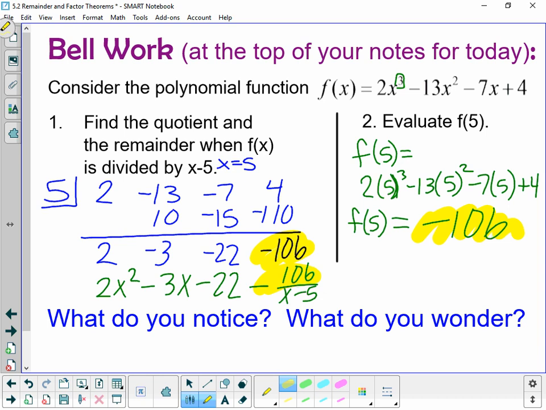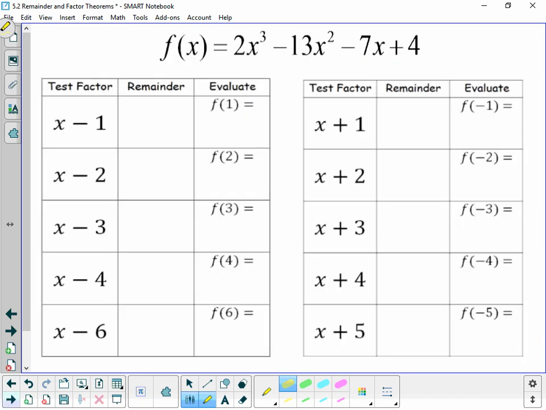Huh. I wonder if it's always like that. So in class, we tried it out. And we found that when we divided, the remainder that we got was exactly the same as if we had substituted that 0 into the function. And it worked no matter which 0 and factor we used.